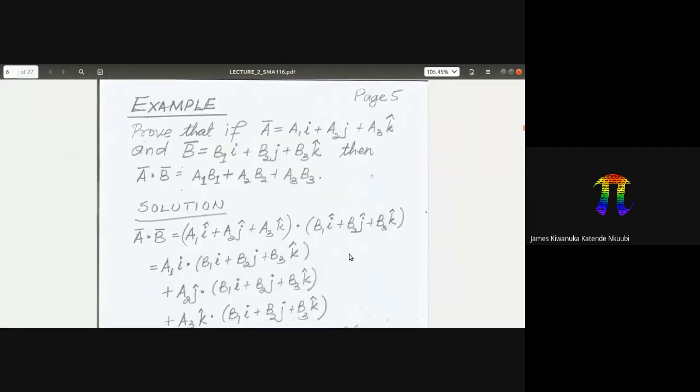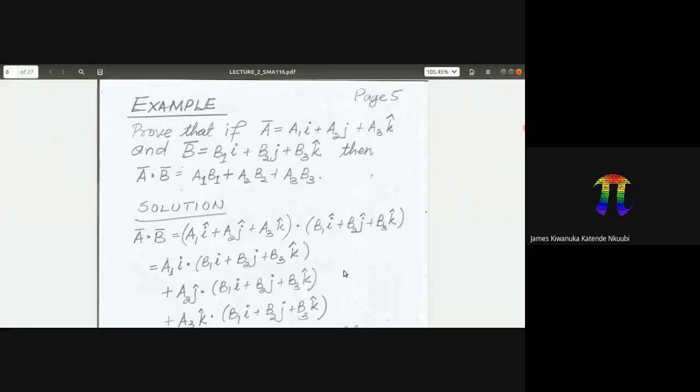So we'll look at some examples that will take us through some of the properties that we have done. So here is an example. It says if A is equal to A1 i plus A2 j plus A3 k, and B is equal to B1 i plus B2 j plus B3 k, there are two vectors, then we need to show that A dot B will be given by this expression, A1 B1 plus A2 B2 plus A3 B3.